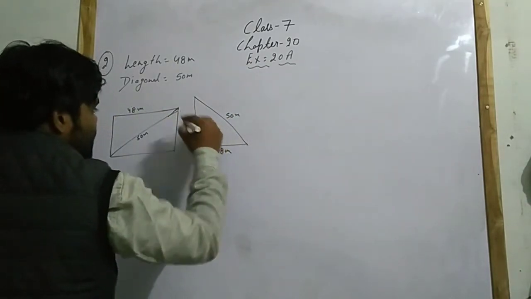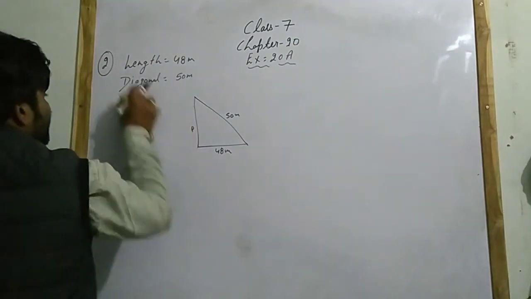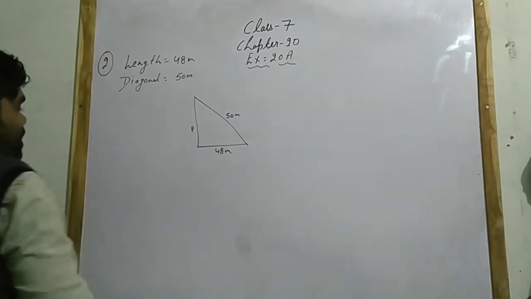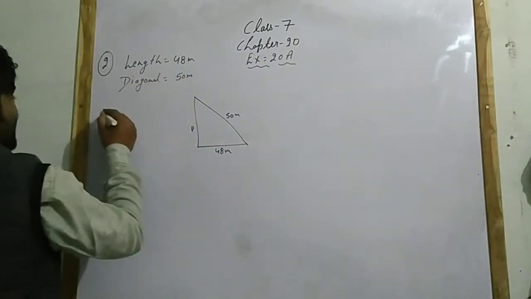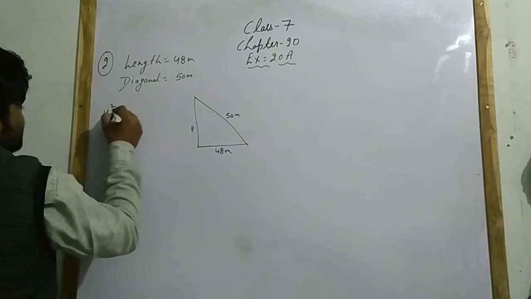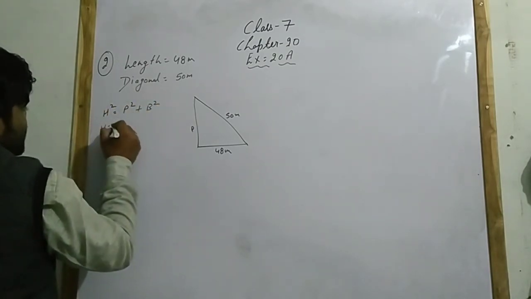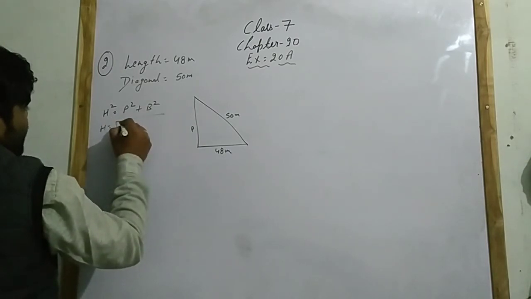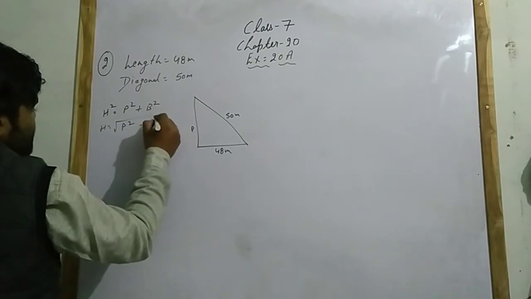You have to find the perpendicular by using the Pythagoras theorem, which you have studied in your previous chapter, chapter number 15. Now the Pythagoras theorem is h square equals p square plus b square, h equals under root p square plus b square.